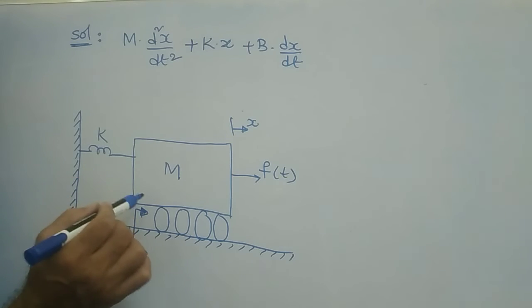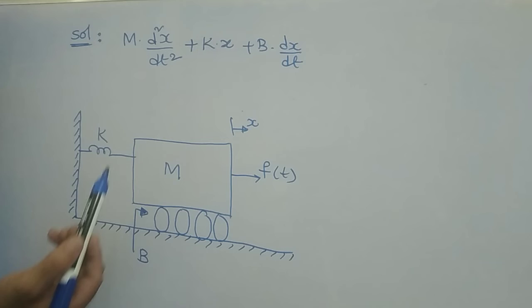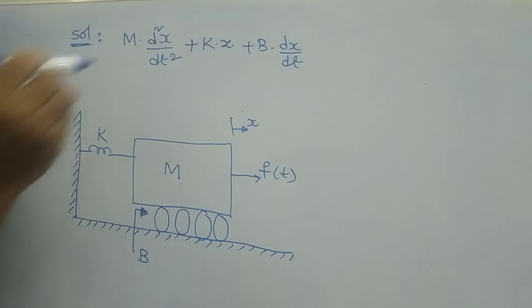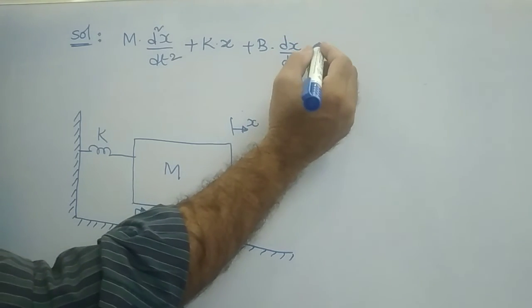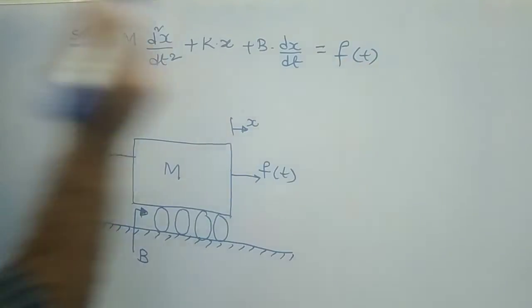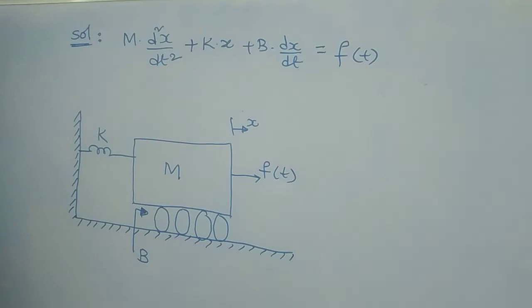As three elements are there, three types of opposing forces will act, and all these opposing forces are equivalent to the applied force F of t. So the sum of opposing forces equals the applied force, according to Newton's second law.